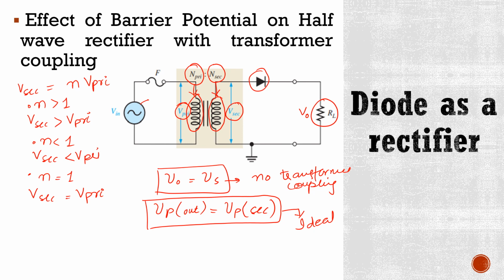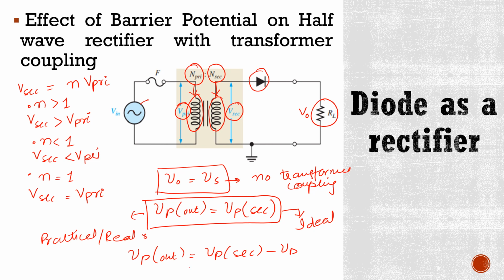Now, if the diode is practical or real, then there will be some voltage drop. Then this equation will become Vp out is equal to Vp sec minus Vd, which is the voltage drop.